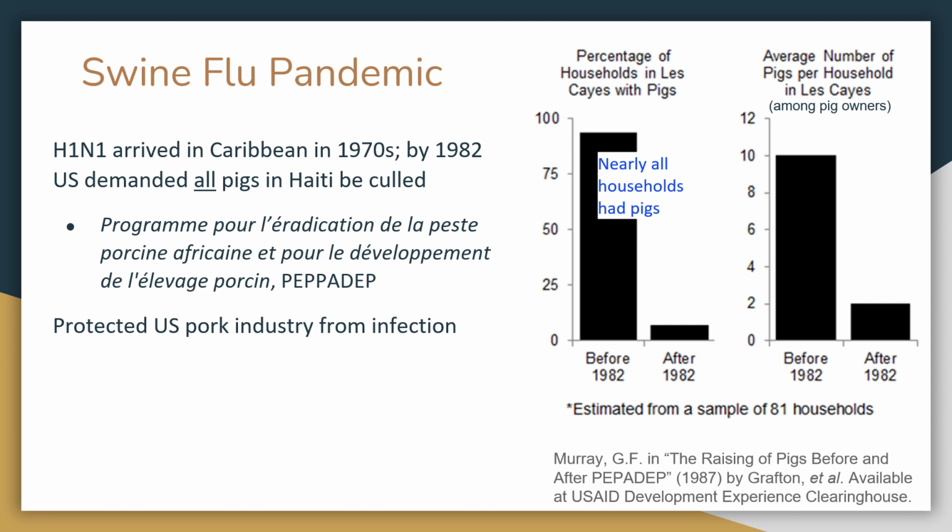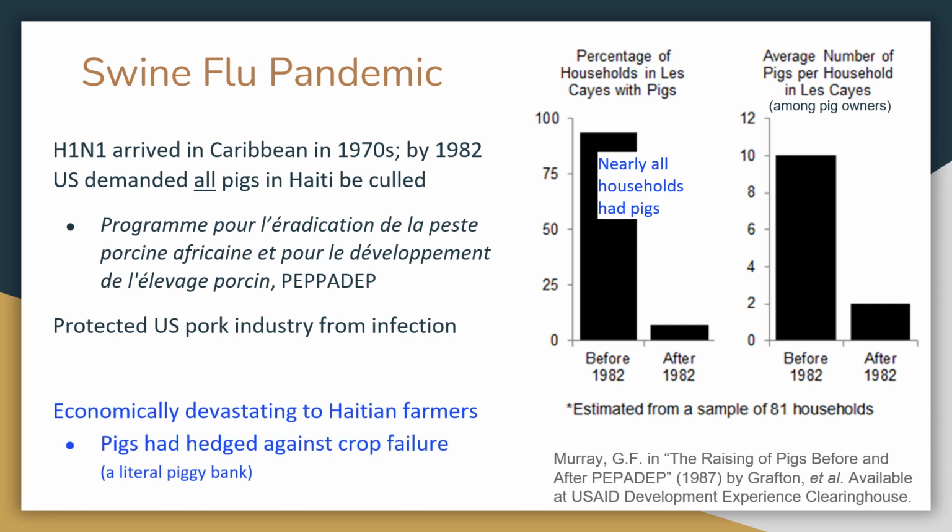Now turn your attention to the graph on the right. These are the average number of pigs per household in this community, before versus after 1982, and because replacement pigs were expensive, notice that whereas people had up to 10 pigs or more, 10 was the average, after 1982 that average goes way down.